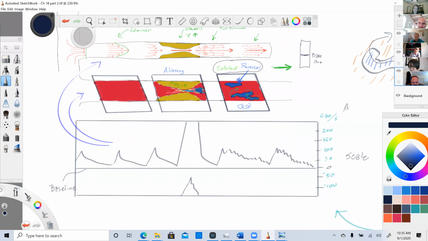This scale is accurate. It's both Doppler, but it's a different way of doing Doppler. So waveforms that are more or less like this, clean, within the scale that we have, are probably a nice color of red or blue, whatever you have it, and probably laminar.